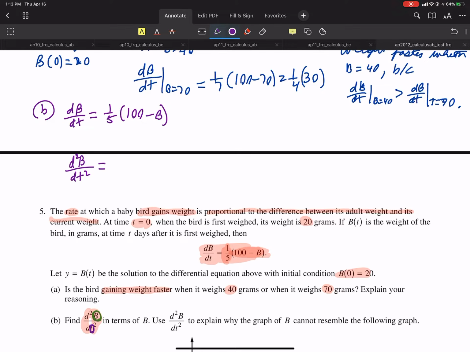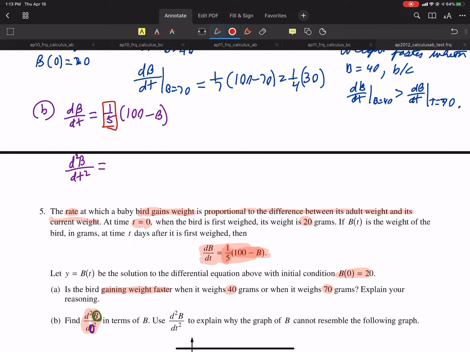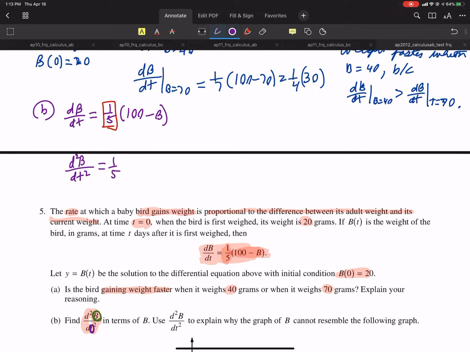Now here is the tricky part. The 1 over 5 is a constant, so all we're going to do is copy that constant down. And now we need the derivative of 100. That's just 0. Now here's the part that you have to be careful about. The derivative of b is not 1.